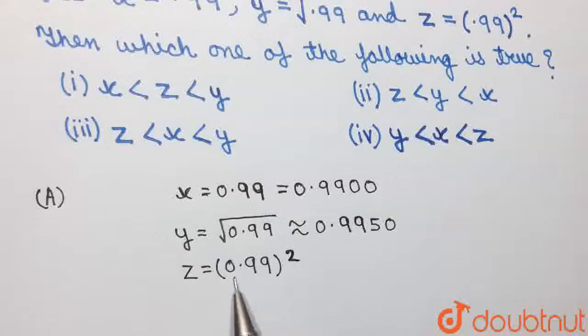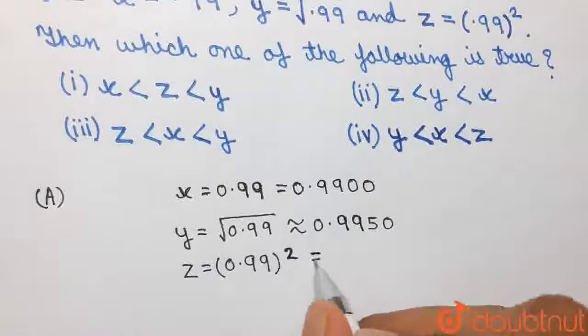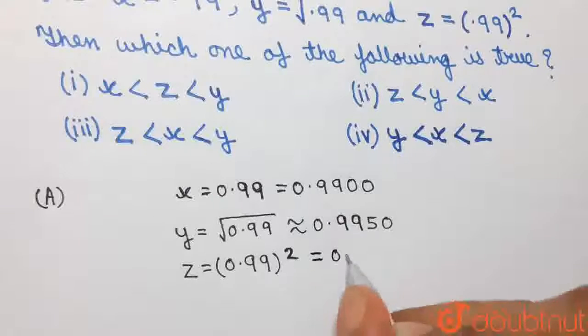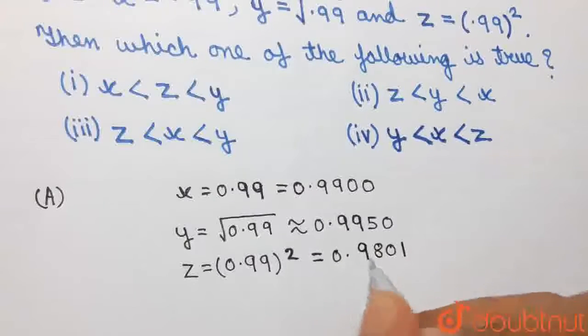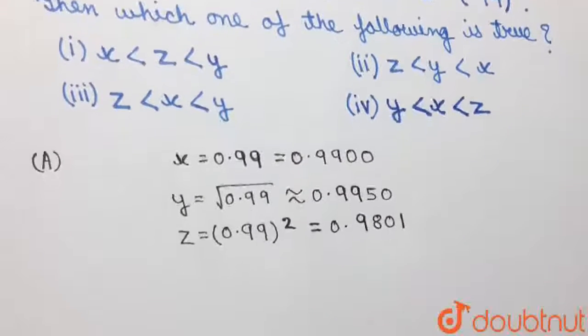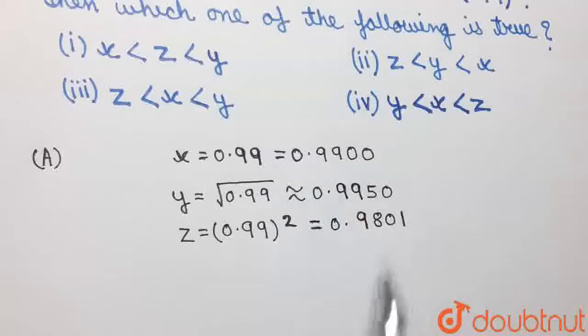Hence 0.99, which lies between 0 and 1, its square should be less than itself, which again is true, because 0.99 square when calculated comes out to be 0.9801.